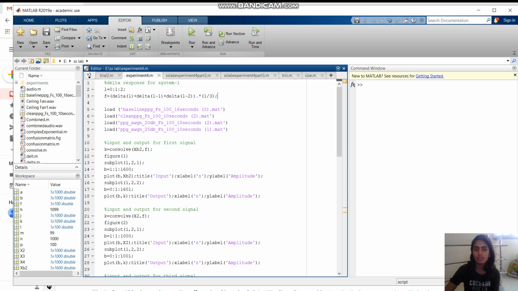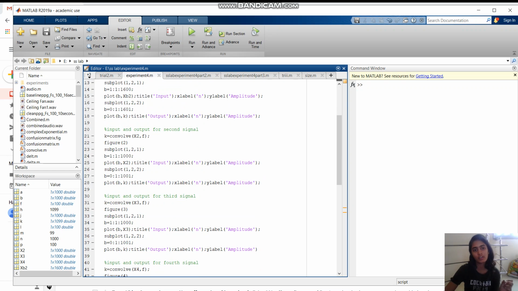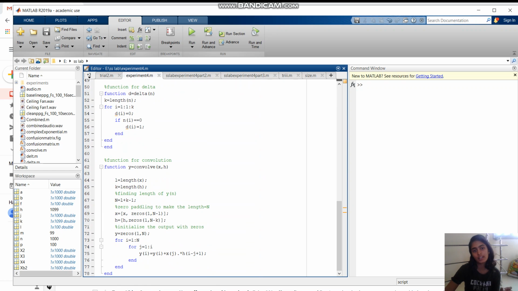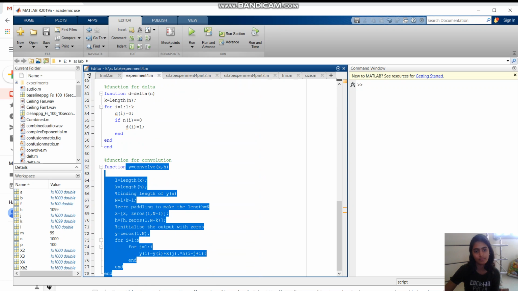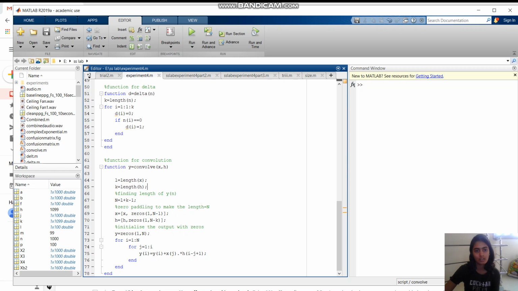And then I have used a function called convolve. I have defined it here in the ending. The length of the convolved system will be equal to length of the input signal plus length of the impulse response minus 1.